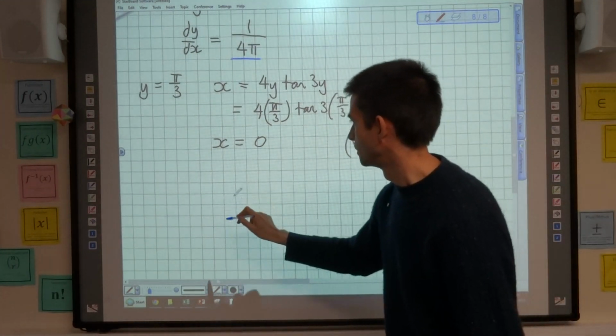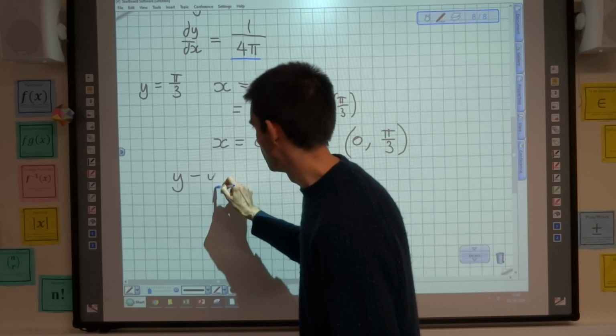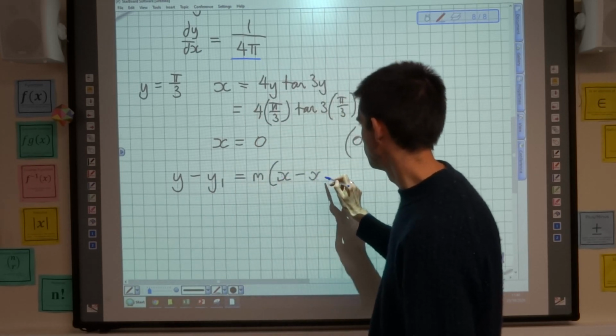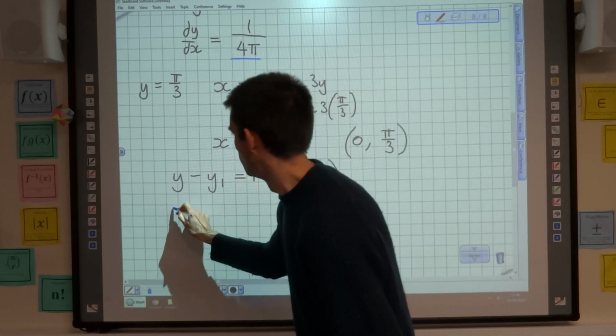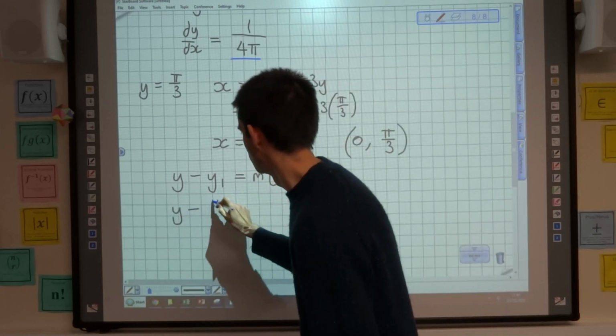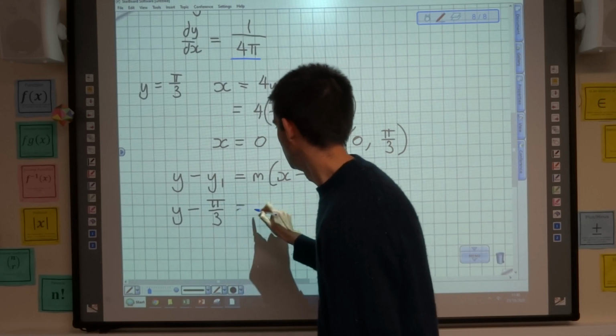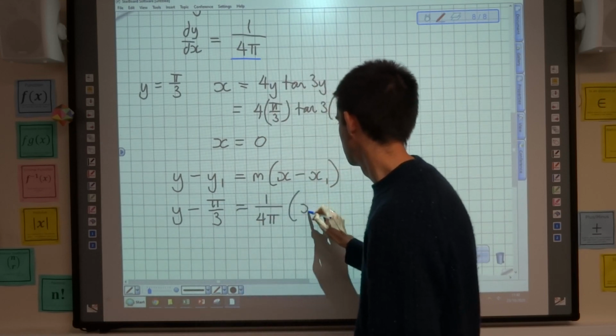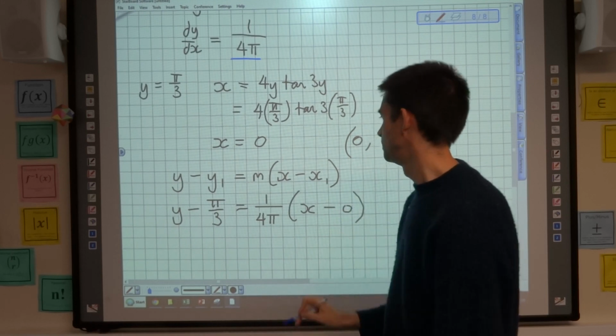So cracking out the general equation of a straight line, y minus y1 equals m bracket x minus x1. y minus pi over 3 equals 1 over 4 pi, x minus 0.